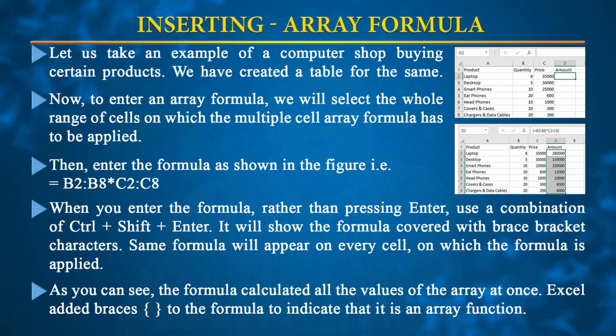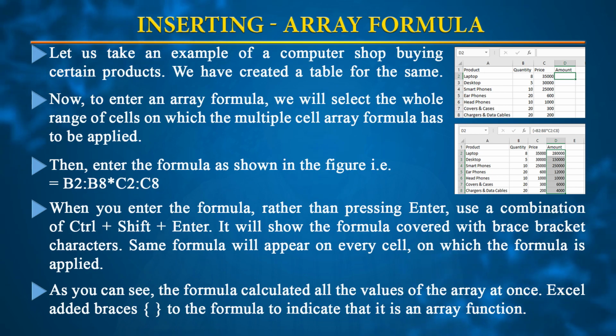The moment you press control shift and enter, the formula gets transformed into an array formula. That means you will find curly braces automatically appear at the ends of the formula, and the results are reflected in the respective column.